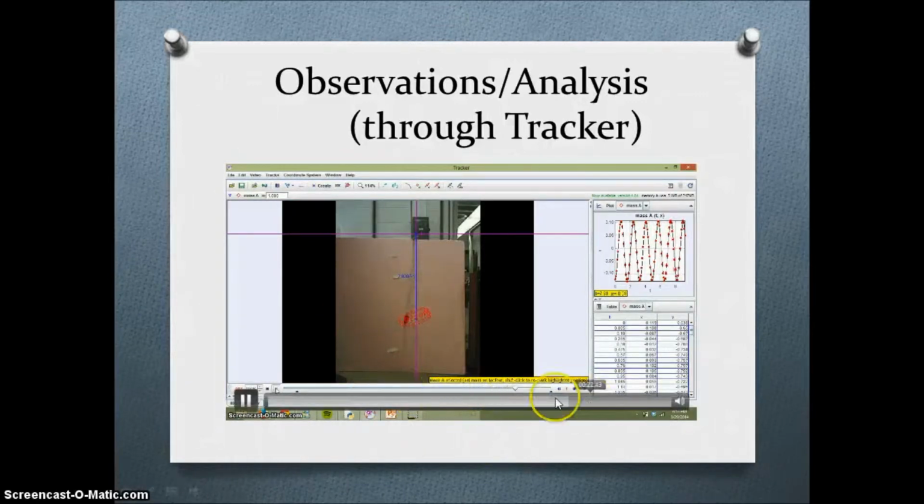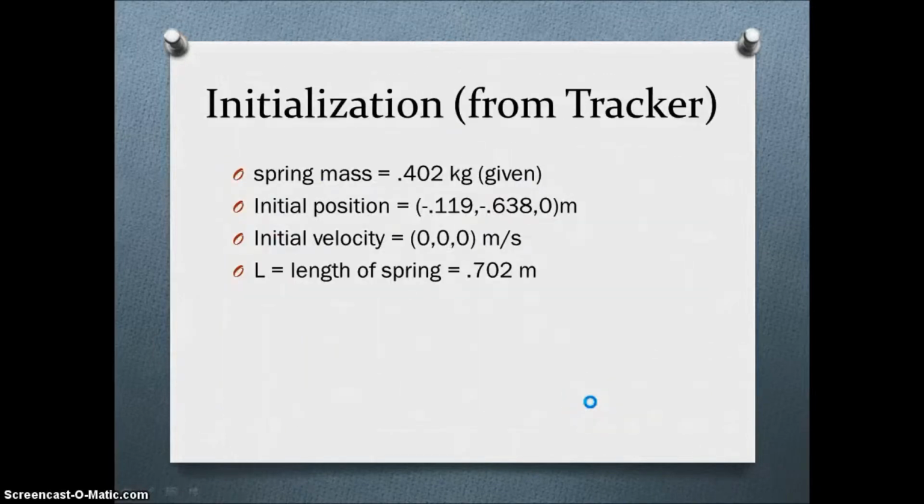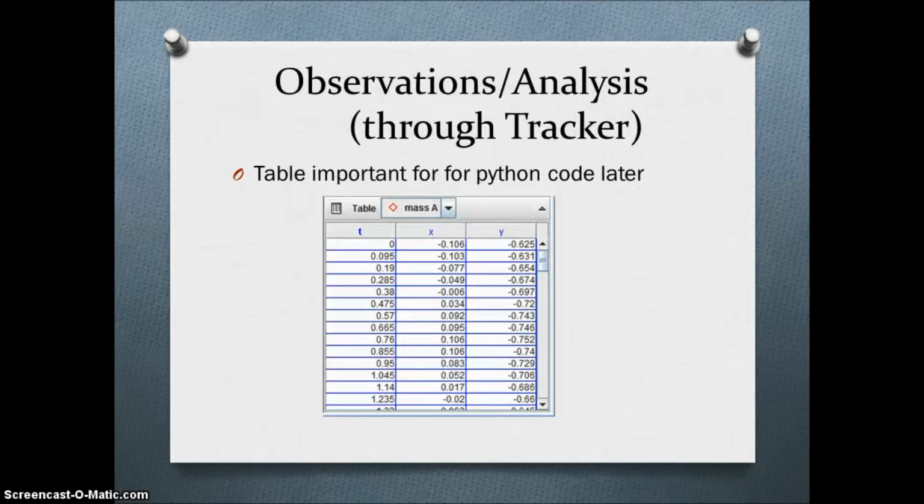It's also important to note the initialization from Tracker. The mass is 0.402 kilograms, its initial position is negative 0.119 meters in the x direction and negative 0.683 meters in the y direction, and it has 0 initial velocity, and the length of the spring again is 0.702 meters.